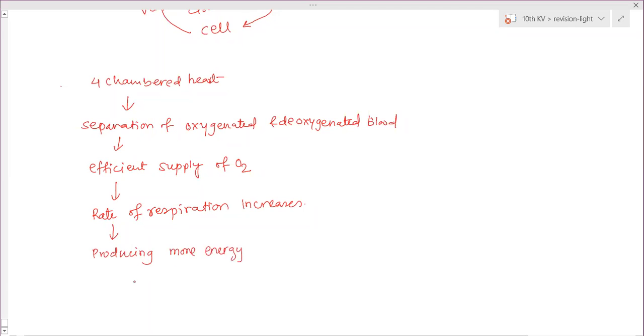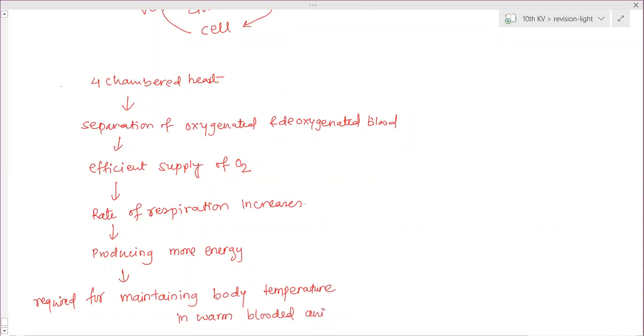And this energy is required for maintaining body temperature in warm-blooded animals, that is mammals and aves. So you have to explain all of them.